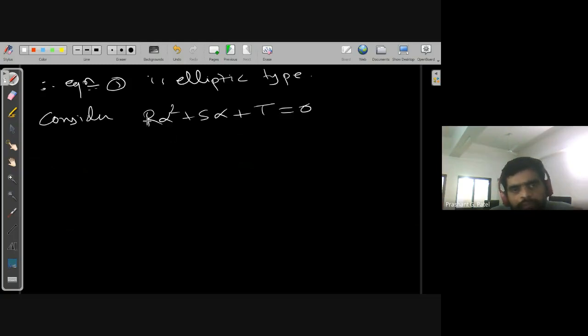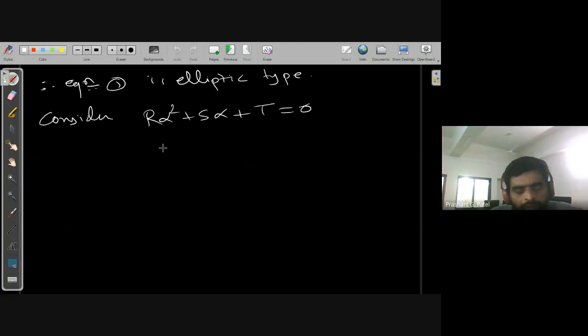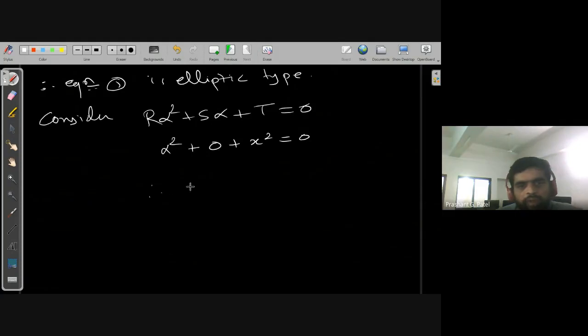We'll substitute the values of R, S and T here. The value of R is 1, S is 0, T is x square. So we'll have alpha square plus 0 plus x square equal to 0. So that's why we'll have x square is equal to minus alpha square.